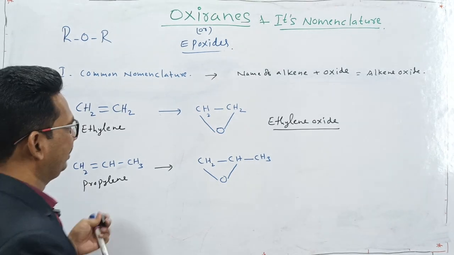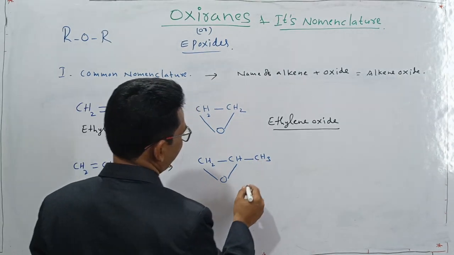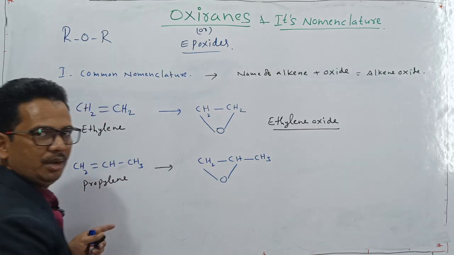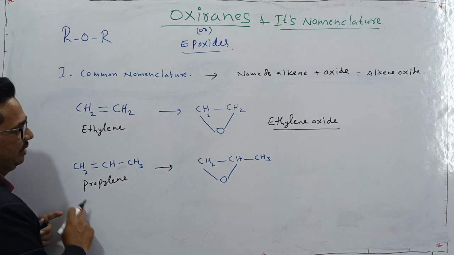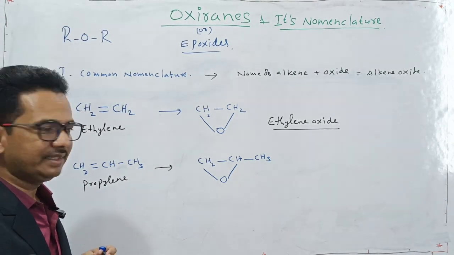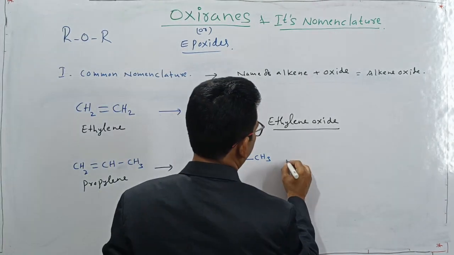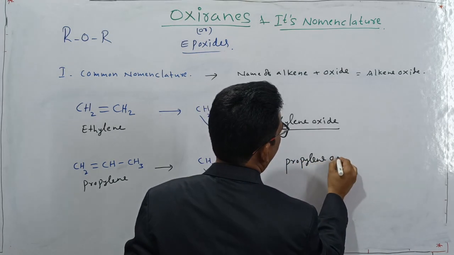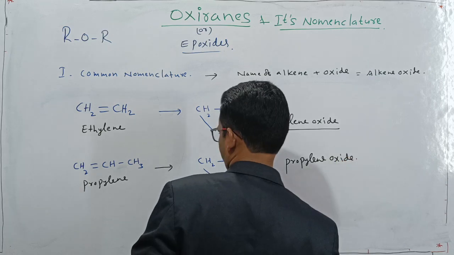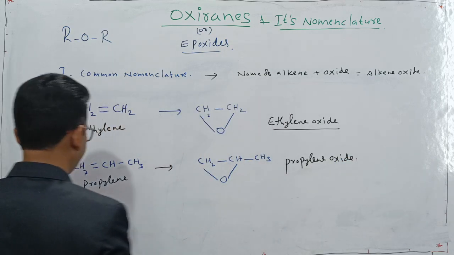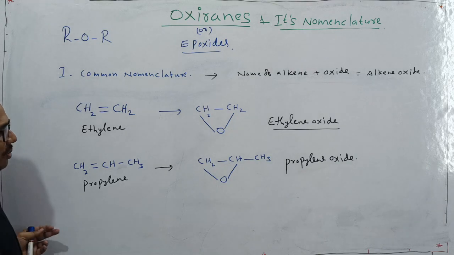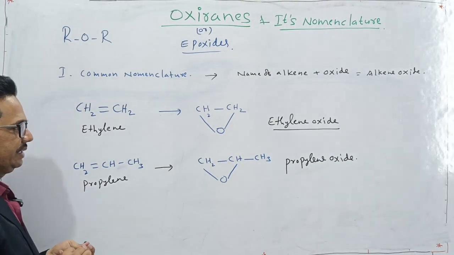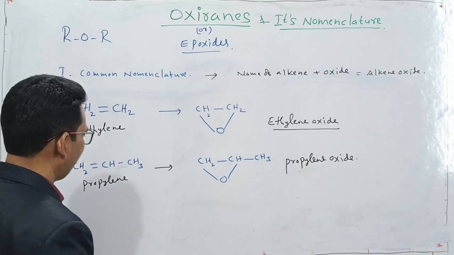According to the common name system, what is the name for this one? The common name is propylene, plus oxide. Propylene oxide. If it has 4 carbons, it is called butylene oxide. With 5 carbons, it is pentylene oxide.